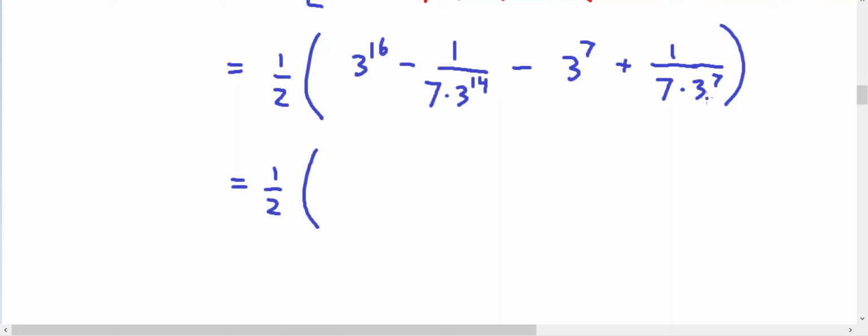So our common denominator here looks to be 7 times 3 to the 14th. So let's just adjust everything to account for that. We need 7 times 3 to the 14 and need to adjust. This has already got that denominator there. Same deal here, 7 times 3 to the 14.